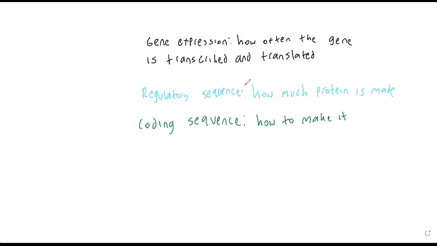All right, so now we're going to talk about transcription and translation. So I'm going to draw here a cell. And in the cell, we know that there is DNA. I'm going to draw the nucleus rather large. We have DNA.